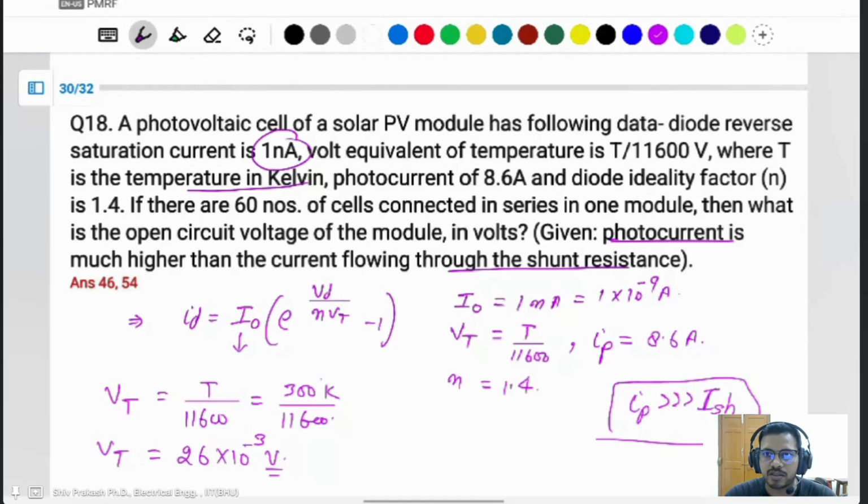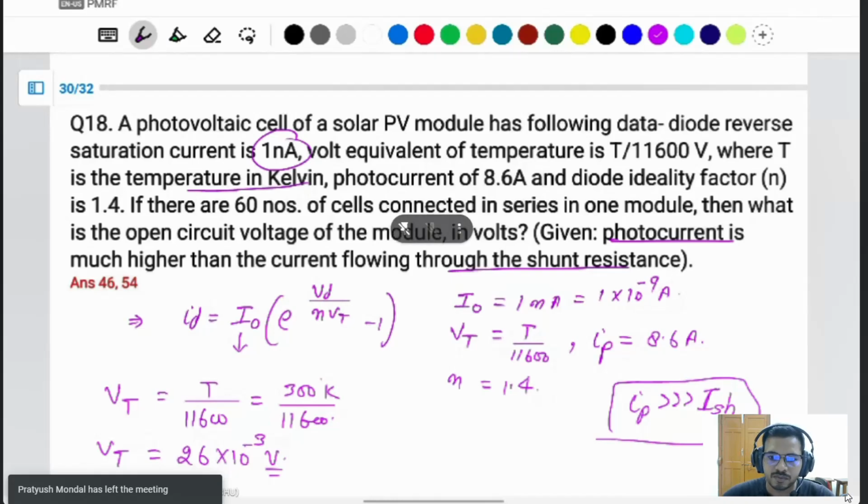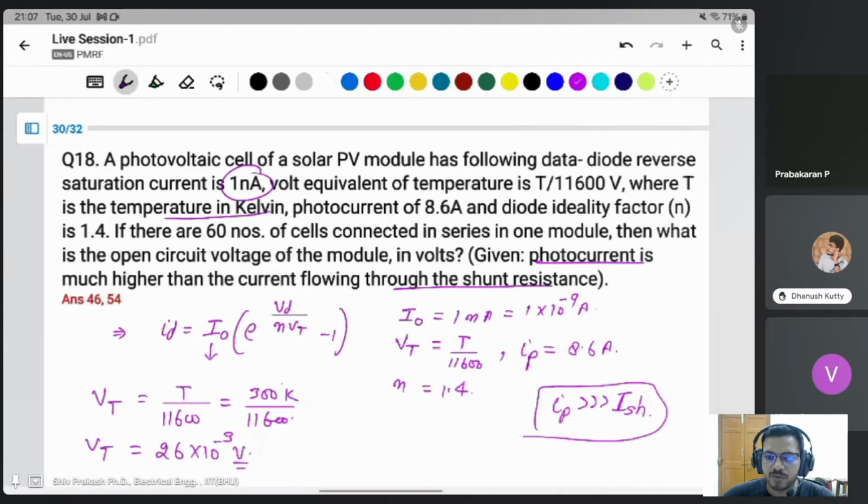But as a standard, saturation current is in the micro to nanoampere range.